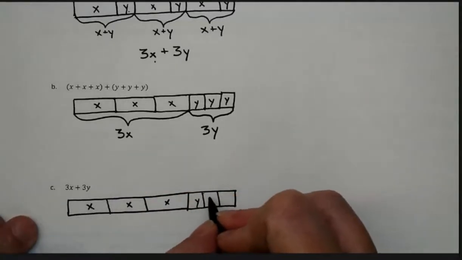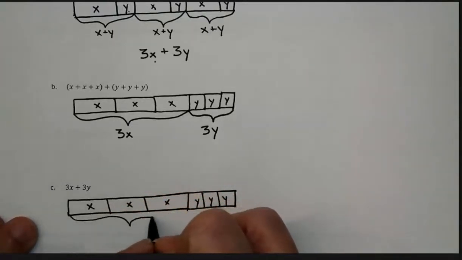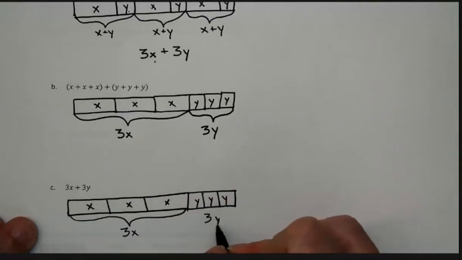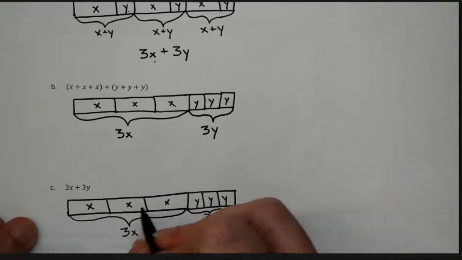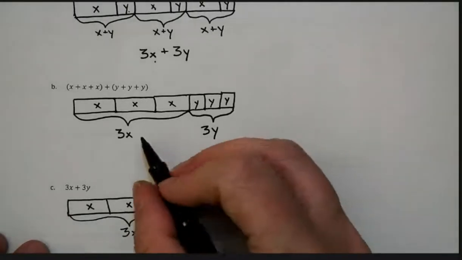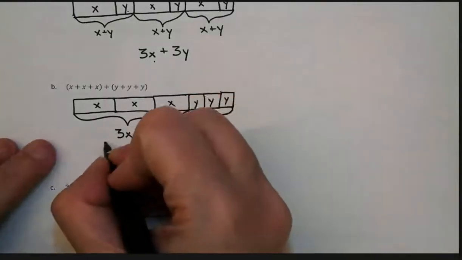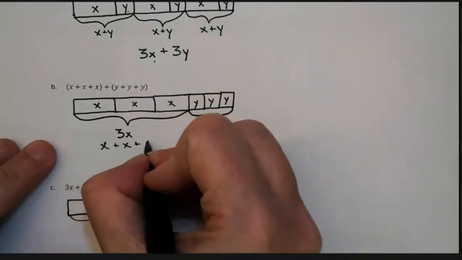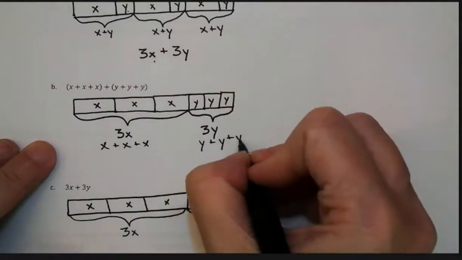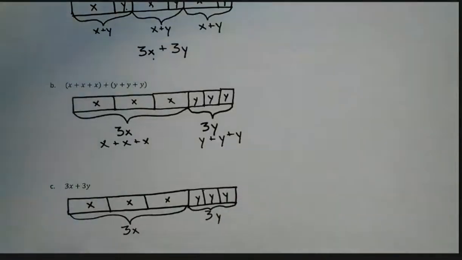We have our y, y, y. And they are the same. I mean, I could have just labeled that box without the lines in it, 3x and 3y. I could have just left this alone and wrote that this was x plus x plus x, and this is y plus y plus y. So I kind of jumped ahead a little to what this one was.